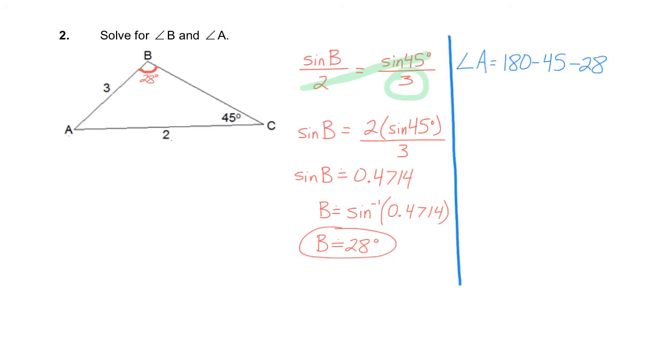So angle A is 180 minus 45 minus 28. It ends up being 107 degrees. So if you got all this, congratulations. If you got stuck on a few parts, let me know and I can help. Otherwise, move on to the next example.